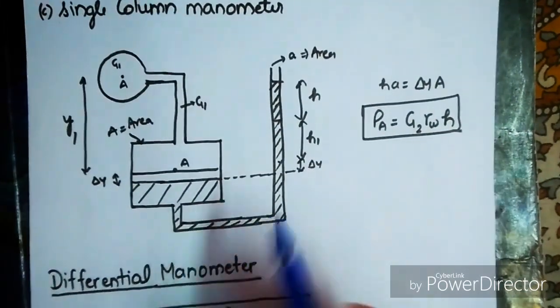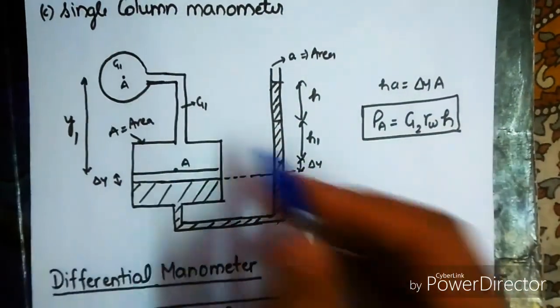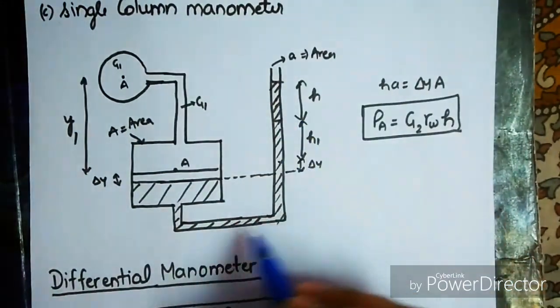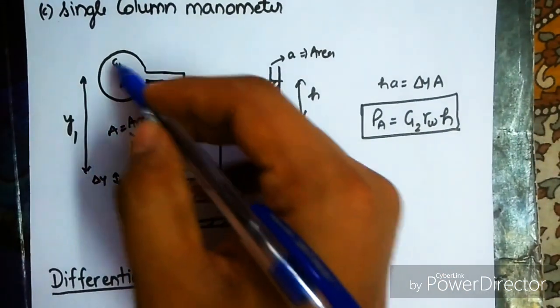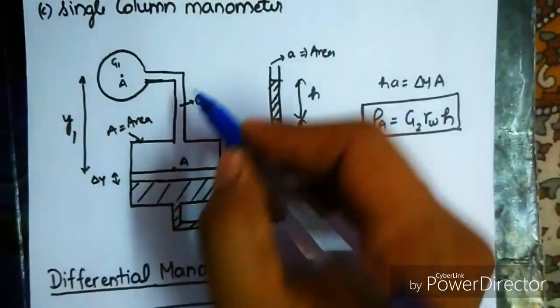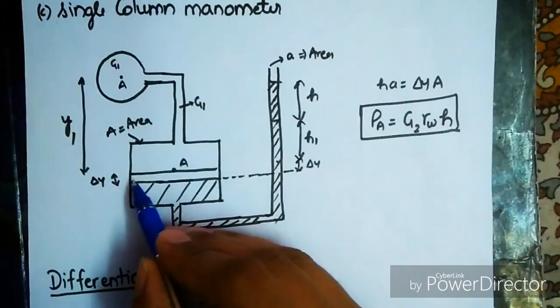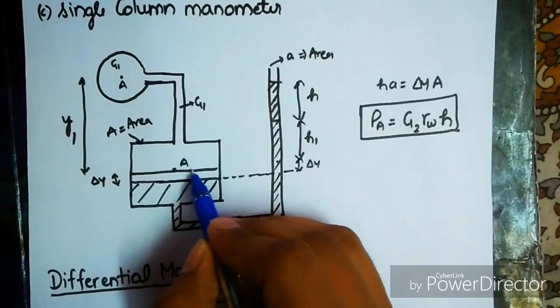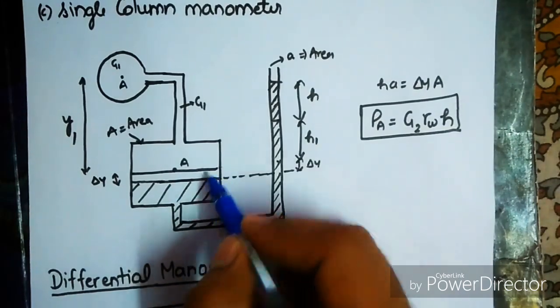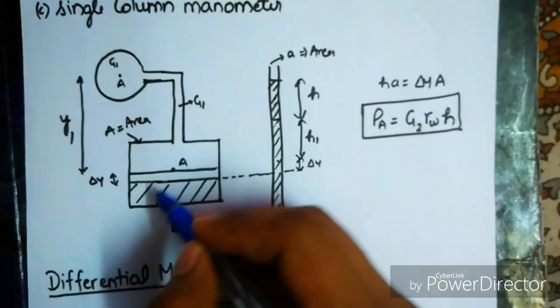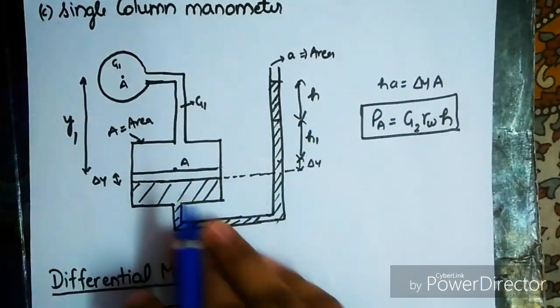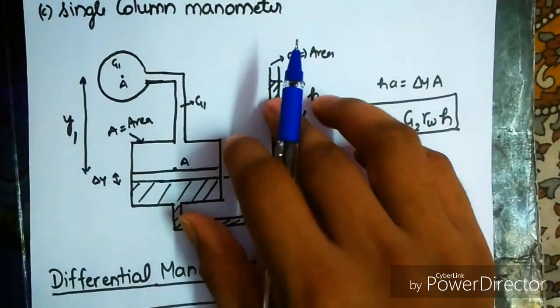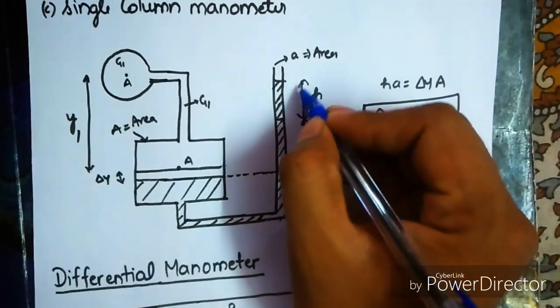Okay, in this one we are having a single column like this. Here this is the second liquid and this is the first liquid, that is the same as the liquid flowing in the pipe. Now in the starting we are having this level like this at A. When pressure is applied, this level moves down by delta Y and the liquid rises here by an amount h.